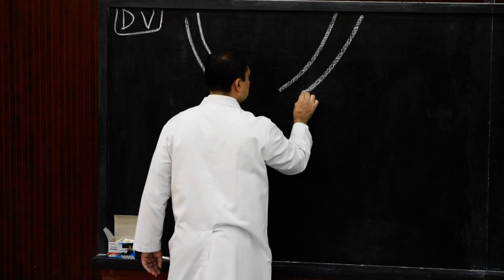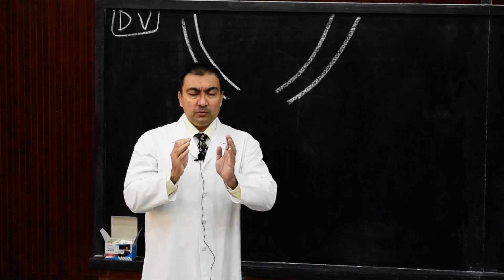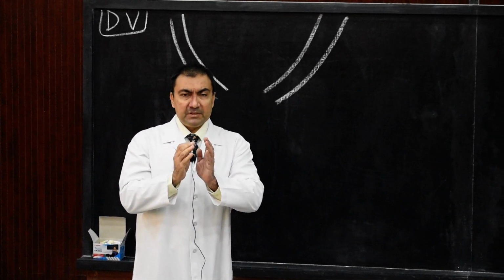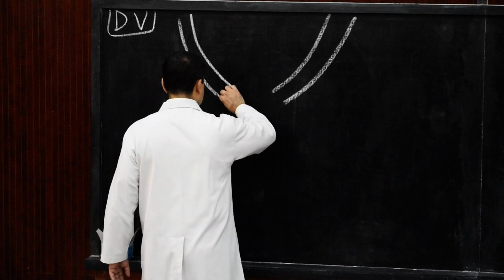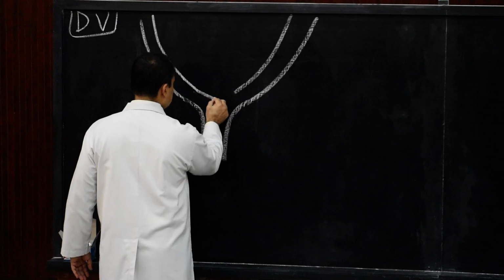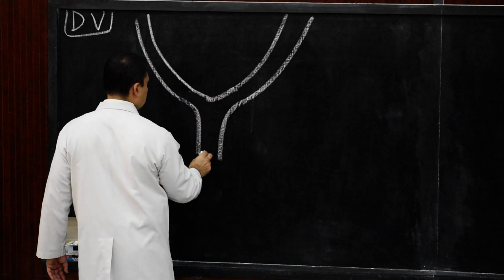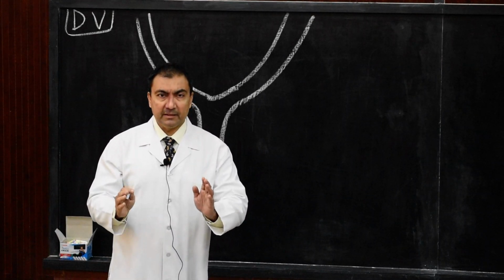These are the two paramesonephric ducts. At the caudal end, the two paramesonephric ducts which are vertical will fuse with each other, and as they fuse caudally, will develop into uterovaginal canal.